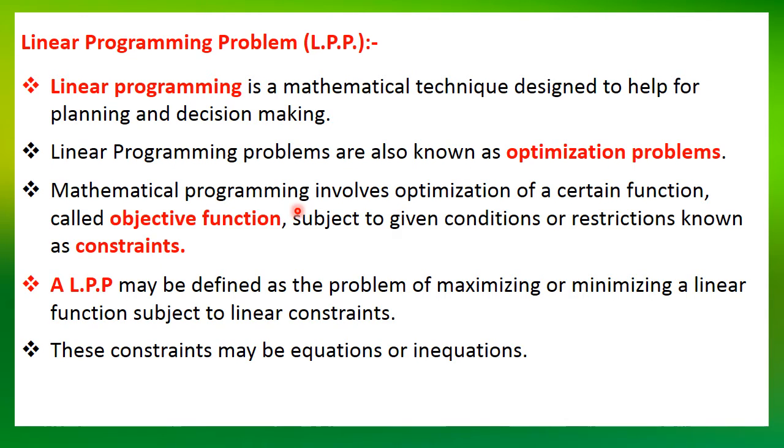Mathematical programming involves optimization of a certain function called objective function, subject to given conditions or restrictions known as constraints. An LPP may be defined as the problem of maximizing or minimizing a linear function subject to linear constraints. These constraints may be equations or inequations.